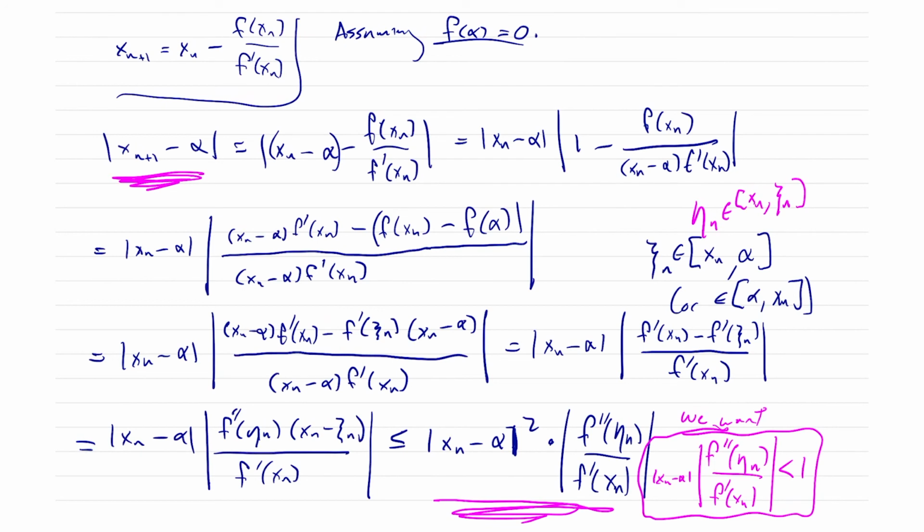So we basically want to restrict ourselves to a region where the second derivative doesn't get bigger than the first derivative, and then we also need to choose xn minus alpha so that everything still stays small. And if we do that, then we can make this claim that we're actually going to end up getting smaller and smaller, and we're actually going to converge to alpha.